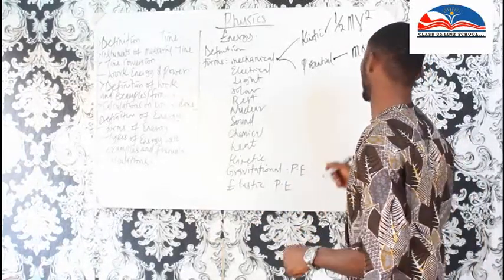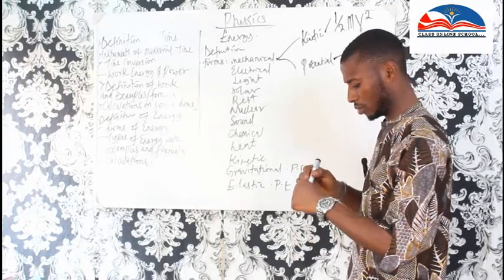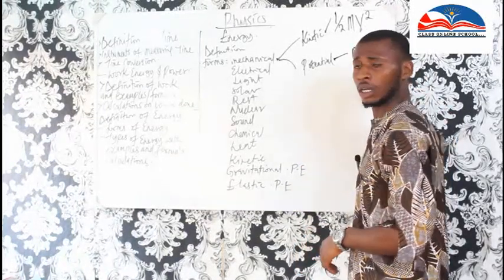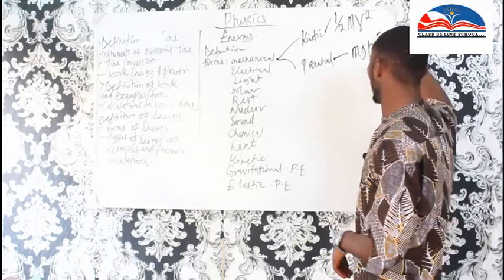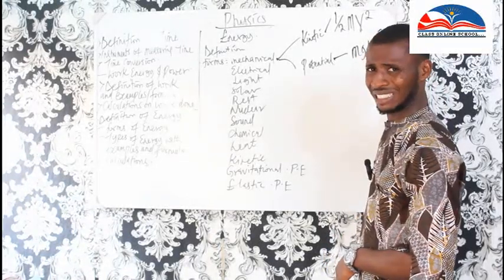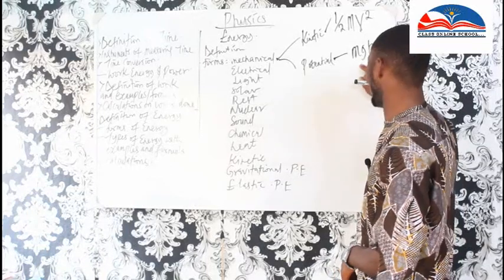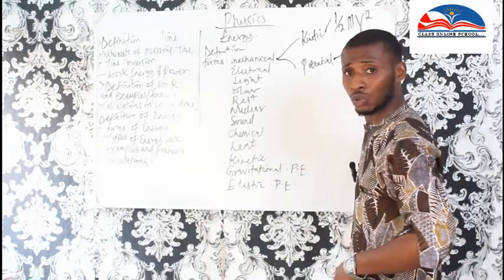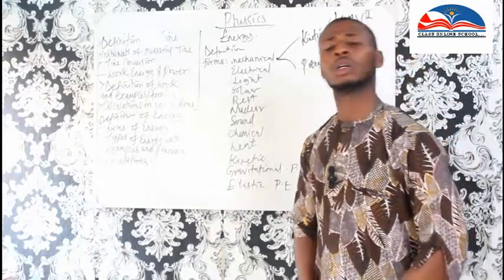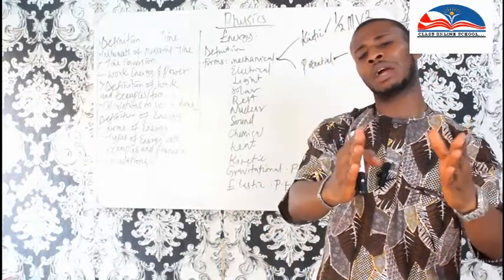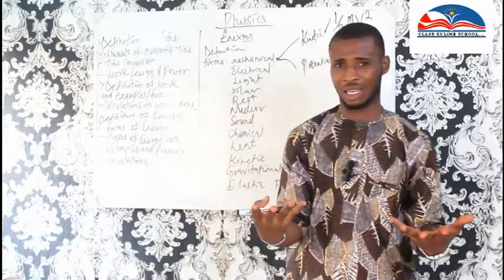Now, that body at rest, we have mass, acceleration due to gravity, and height. It must have mass, acceleration due to gravity, and height. Now remember that acceleration due to gravity and acceleration are the same.